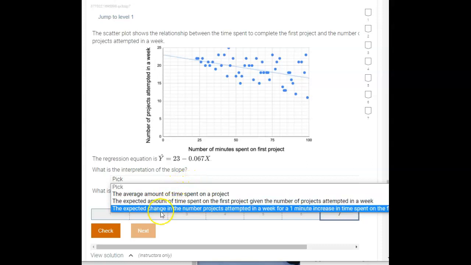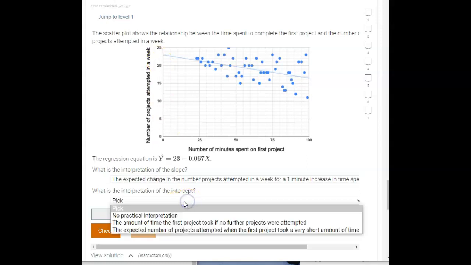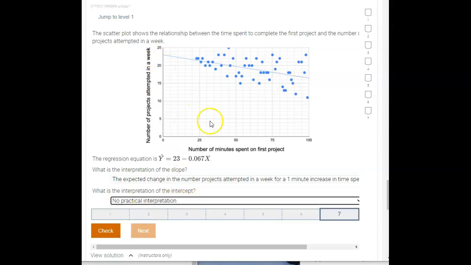So the expected change in the number of projects attempted for each 1 minute increase in the time spent on the first one. Interpretation of the intercept, does it make sense in context? So can the number of minutes spent on a project be 0? Would that make sense? No, you can't complete a project with no time at all. So there's no practical interpretation in this context.